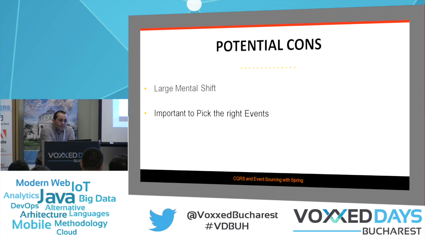It's important to pick the right events. When you're doing domain design and trying to figure out what events you want to use and the families of events, events are hard to change later on, because you have the old ones, you still have to support the old ones, so it's a good thing to put a lot of thought into picking the right events. Sometimes that's obvious, sometimes it's not, but definitely important.